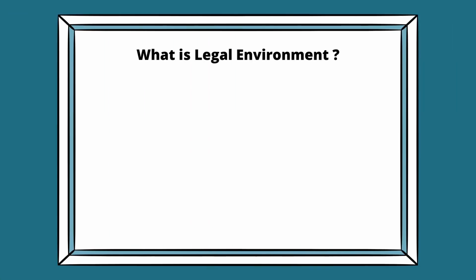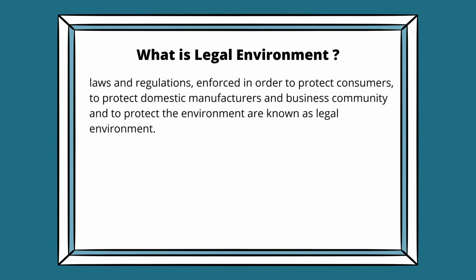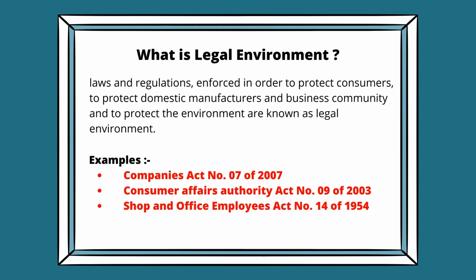Okay, now let's see, what is legal environment? Laws and regulations enforced in order to protect consumers, to protect domestic manufacturers and business community, and to protect the environment are known as legal environment. The following are some examples for such laws and regulations.